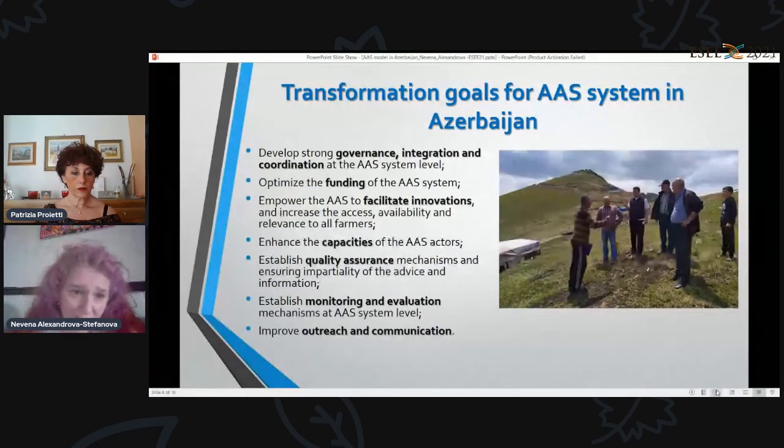That is to develop strong governance, integration, and coordination at system level, against the background of the agriculture innovation system, to optimize the funding for the whole system, to empower the system to facilitate innovations and to increase access, availability, and relevance of information services and innovation to all farmers, to enhance the capacities of the actors, and also establish a quality assurance mechanism that is missing at the moment, establish a monitoring and evaluation system, and also increase the outreach and communication.